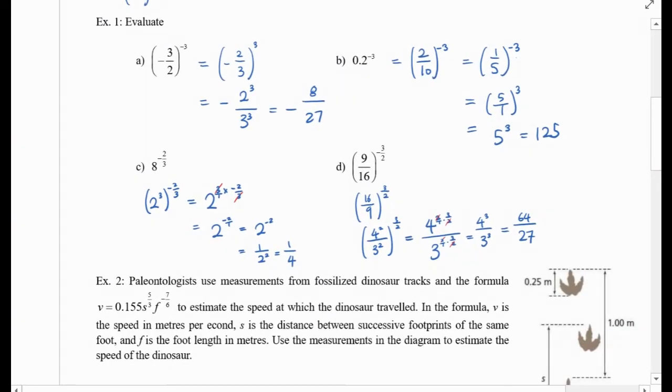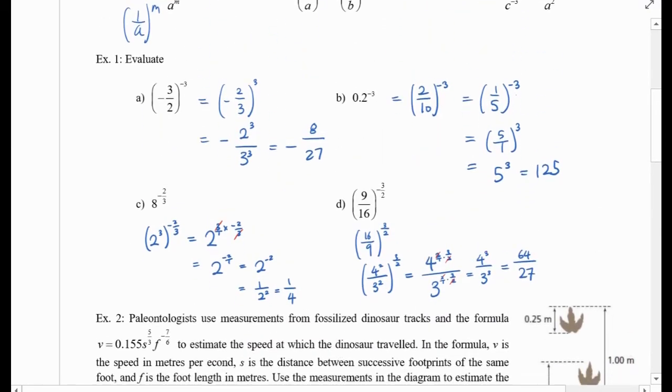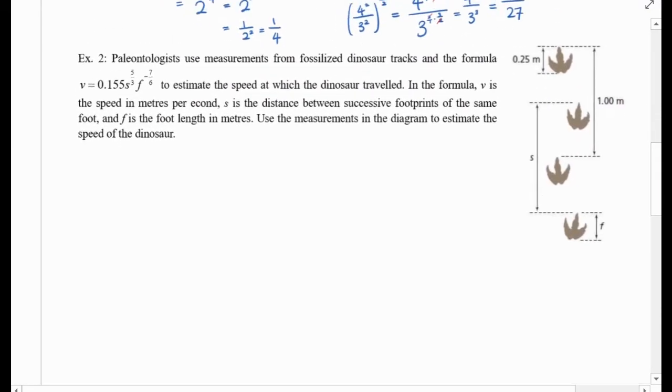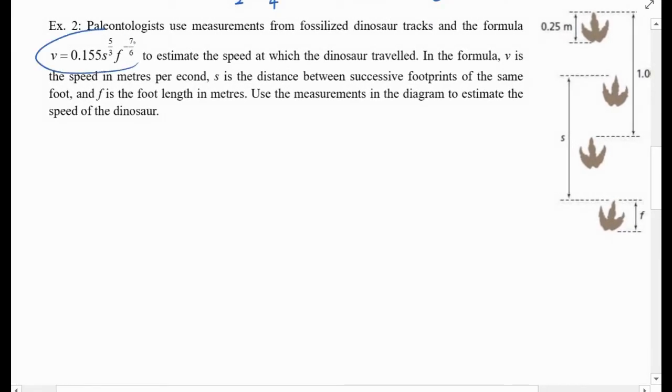Okay, so let's move to example 2. So when you have a formula, you have to write down the formula first. Multiplication is hiding here.